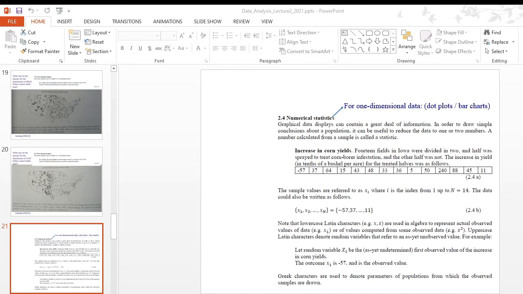Small s might be the sample mean, simply the mean value of some observed quantities. And these should be lowercase if they're actual observed values, because in statistics you'll find uppercase Latin characters like capital X1 refer to an as yet undetermined value, or something that you haven't yet measured but you're planning to measure.